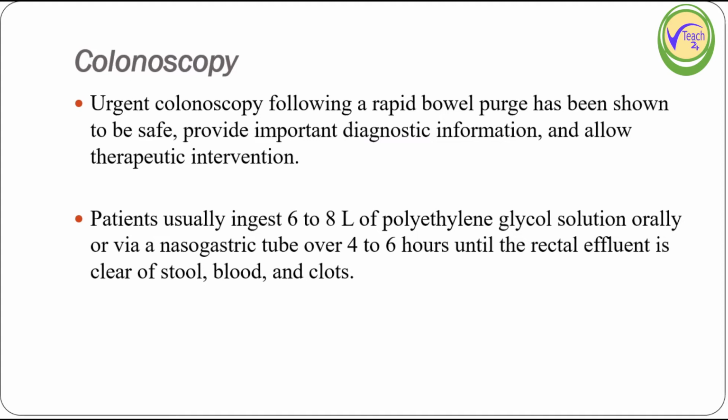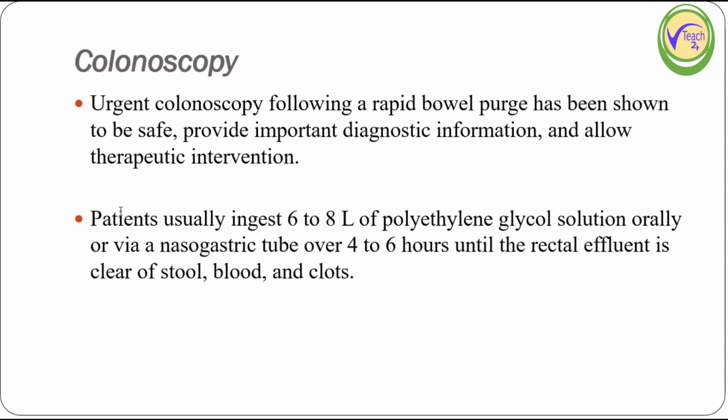What needs to be done if we are planning for a colonoscopy or flexible sigmoidoscopy? Urgent colonoscopy following a rapid bowel purge has been shown to be safe, provide important diagnostic information, and allow therapeutic intervention. So if an urgent colonoscopy or sigmoidoscopy is needed, we perform a rapid purge.